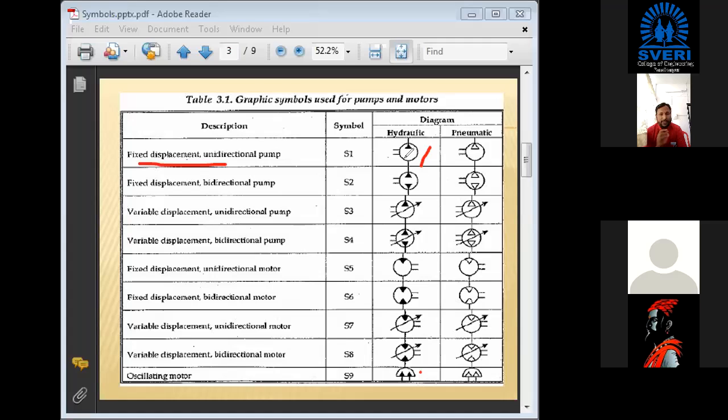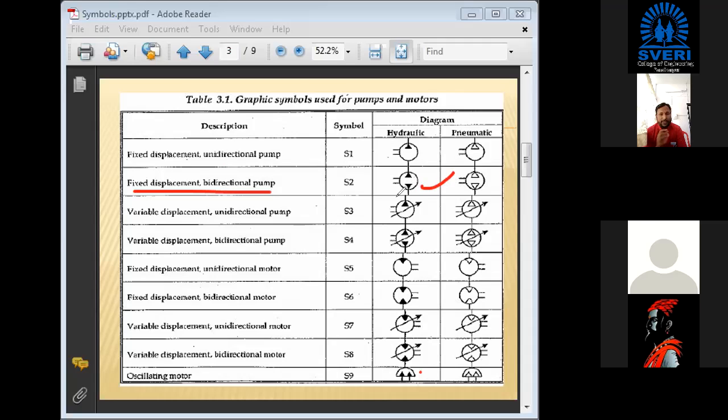Now, if the fixed displacement unidirectional pump is used in a pneumatic circuit, then you have to indicate it by this one. Then if you want to represent a fixed displacement bidirectional pump for a hydraulic circuit, you have to use this symbol.